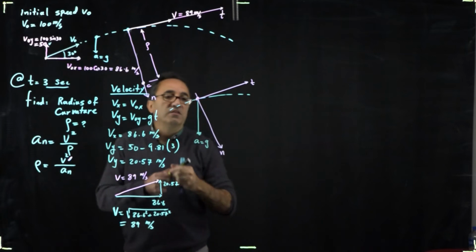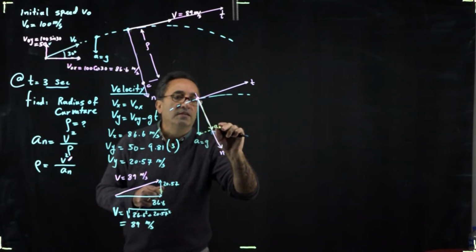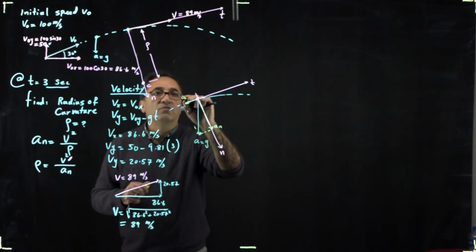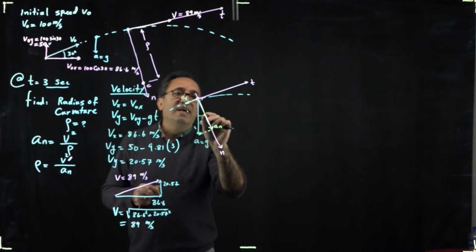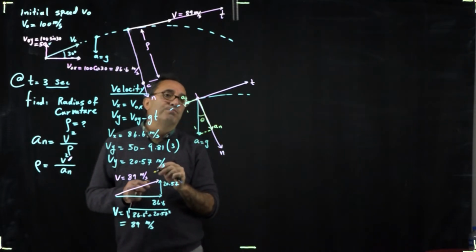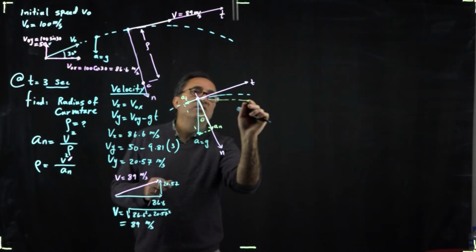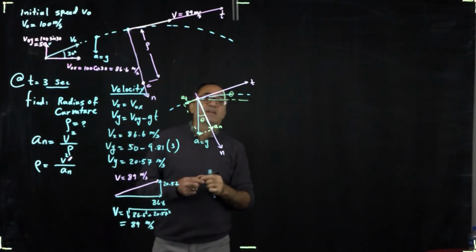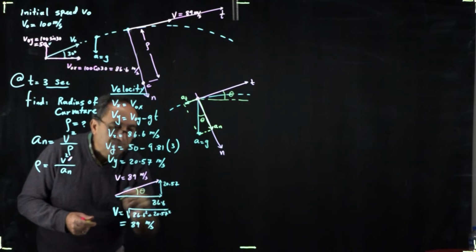So how much of this g falls on the normal axis? Well, projected along the normal axis, this is your a_n, and you can even find a_t, which would be this. I have no use for a_t in this problem. So what do I need? I need this angle in a way to figure out what that component is. That angle is the same angle the tangential axis forms with the horizontal x-axis, which is this angle right here.